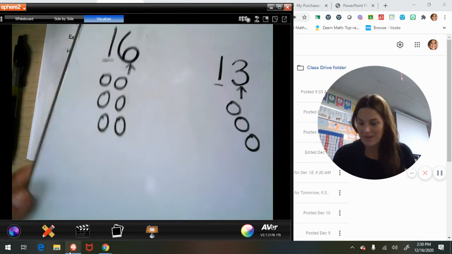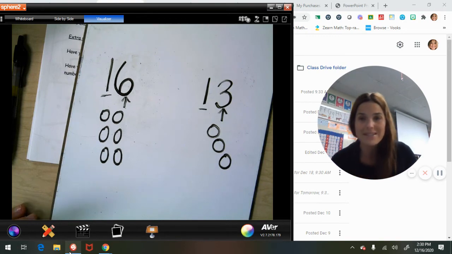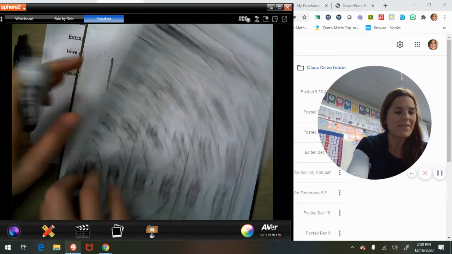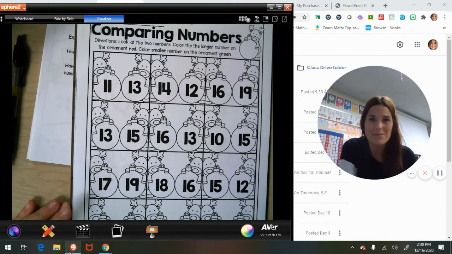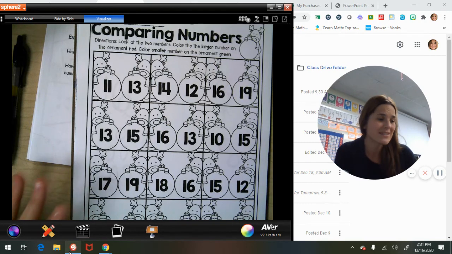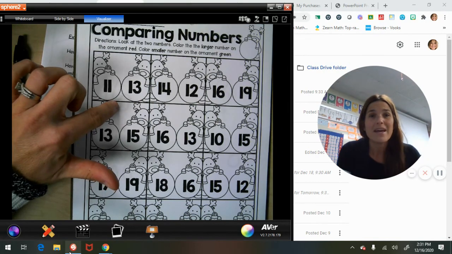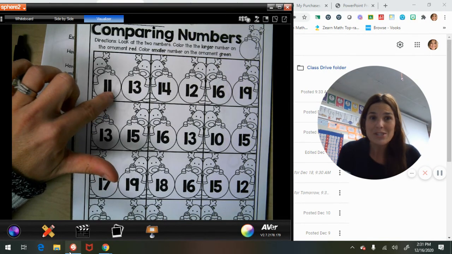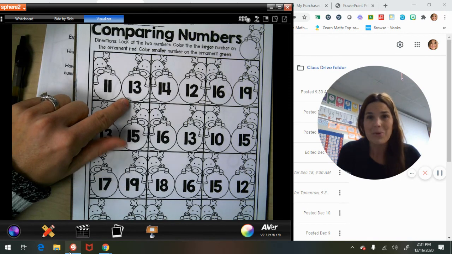Now on the piece of paper that you have, if you can print this out, that would be great. If you cannot print this paper out, that is okay. Maybe mom and dad could write these numbers down for you. And if you have some crayons at home, go ahead and get those out. It's asking you to color in each box the ornament that is the greatest or largest number red, and the ornament that's the smaller number green.